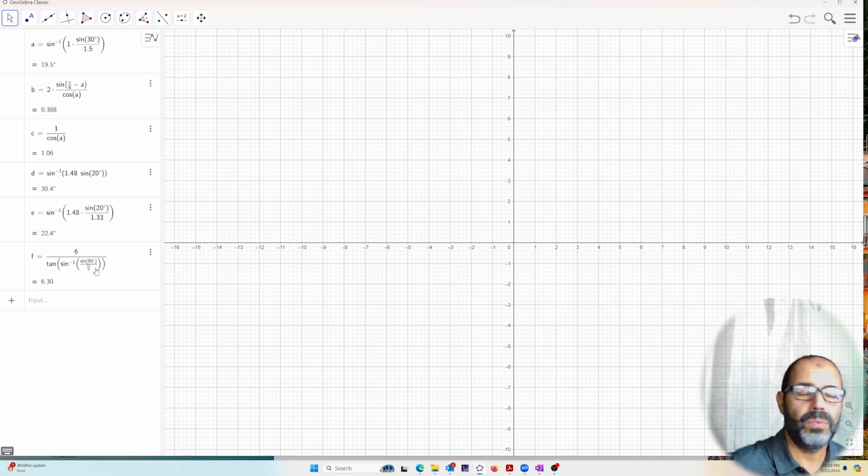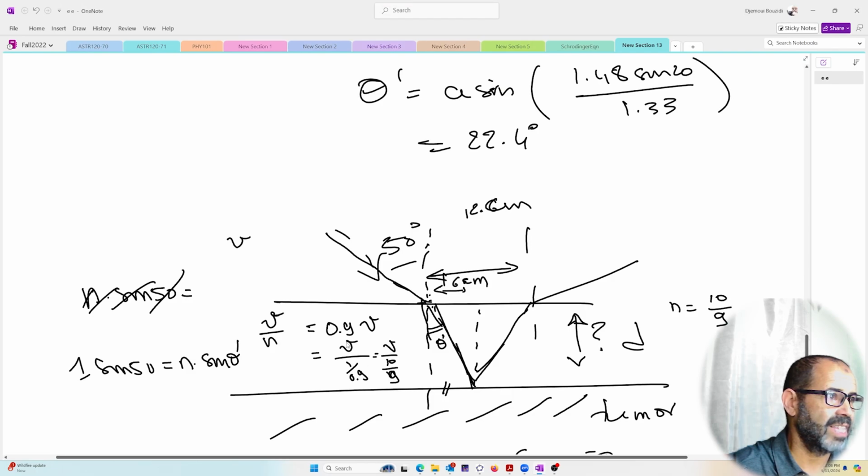So hopefully you see where that 10 over 9 is coming from. The speed is 10% less, which means 0.9 the speed of sound outside of the liver. So inside of the liver, it acts as 90% the speed of sound outside the liver. So this can be written as v over 1 over 0.9 or v over 10 over 9.